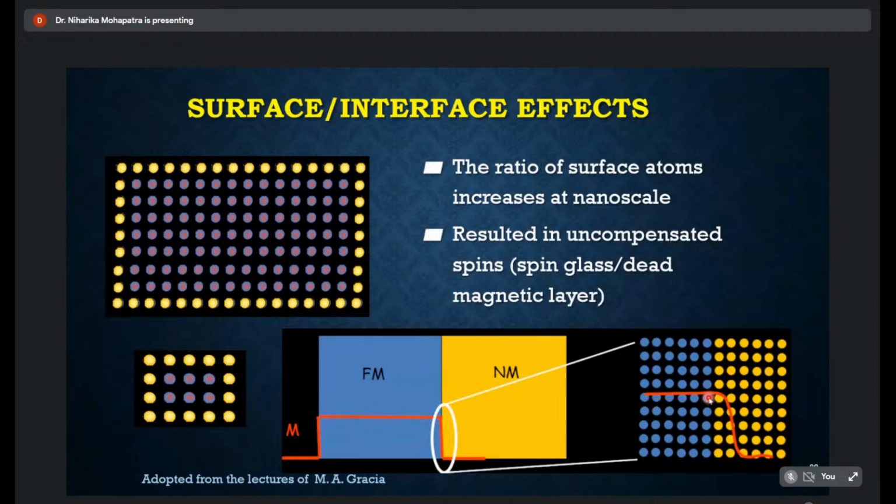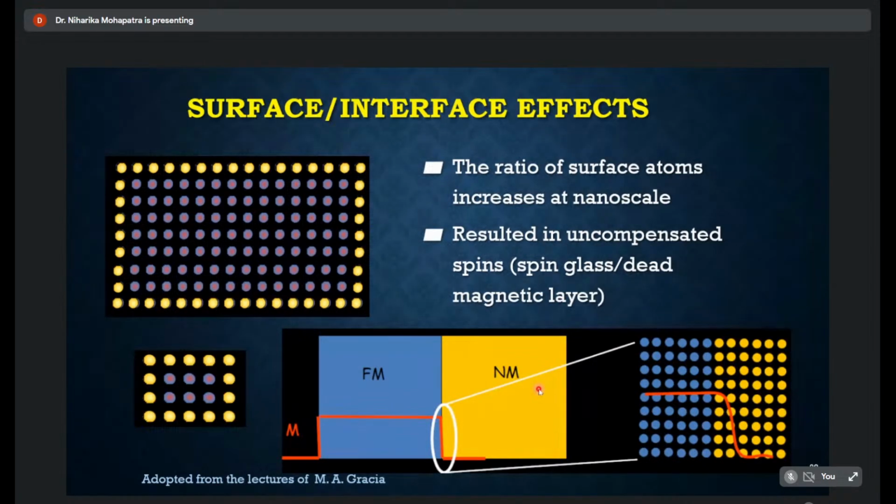But you will see that this effect extends to a certain length of this non-magnetic system. Because of this, you will find some sort of magnetism at the interface of ferromagnet and non-magnet.